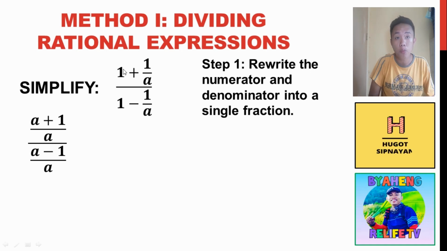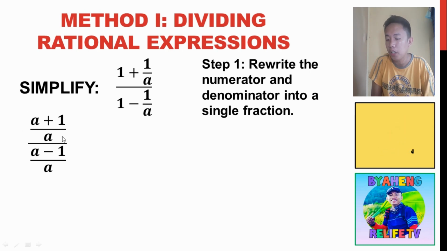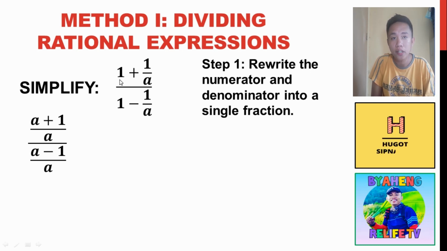With denominators 1 and a, the LCD is a. That's how we come up with a plus 1 all over a. Saan po nanggaling yun? Kung LCD natin ay a, yung 1 ay 1 over 1, a divided by 1 is a, times 1 is a. Kaya po may a dito.